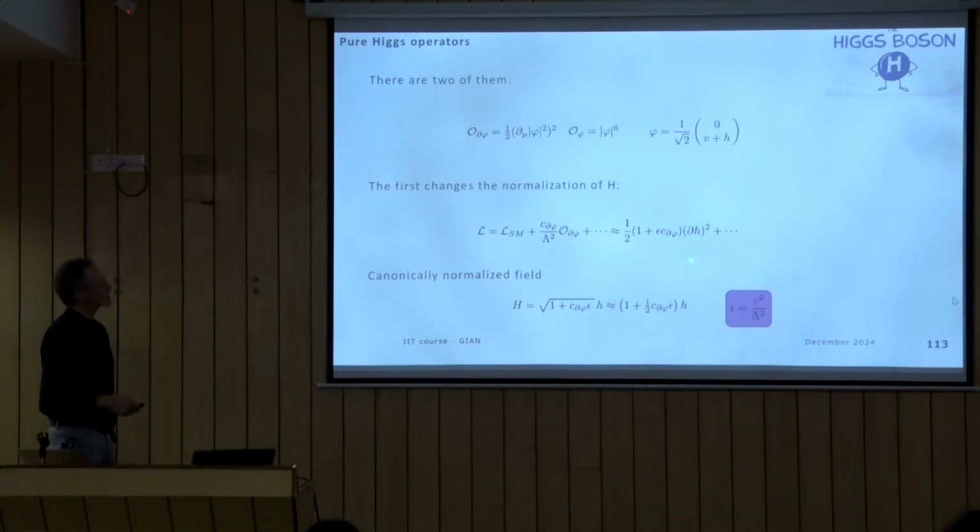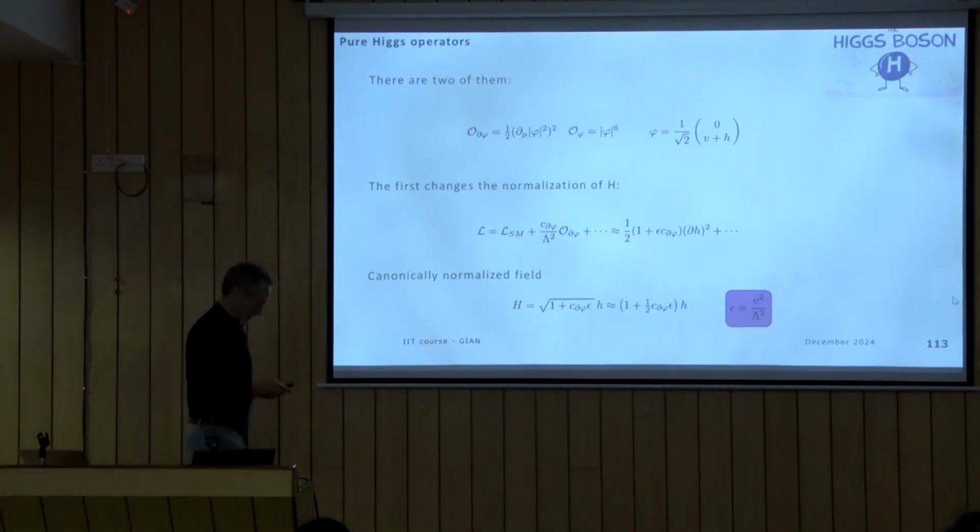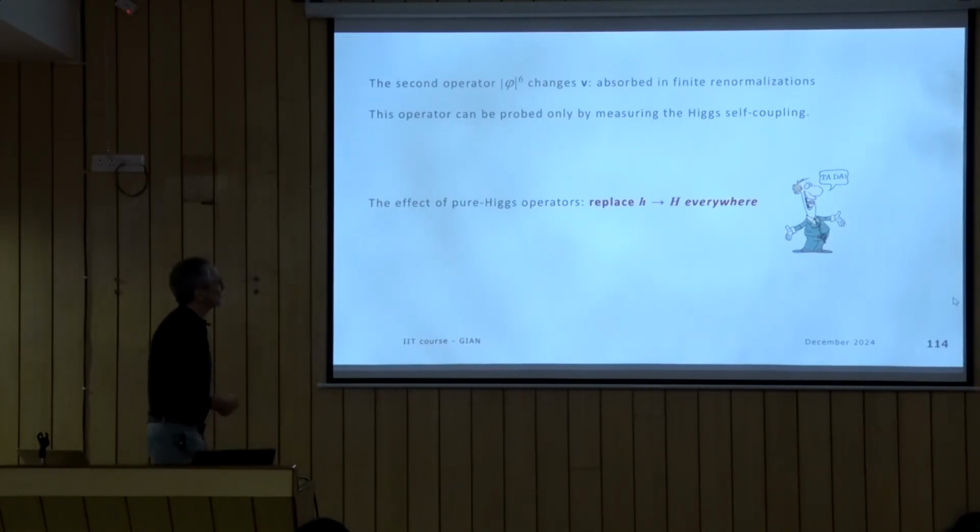That is, instead of considering the little field h here, we should consider this field instead, that we'll call capital H, the physical field, which is related by a factor with a little h. So what one has to do to take into account the presence of these operators is replace little h by big H everywhere. Okay? So that's one effect that one must take into account.